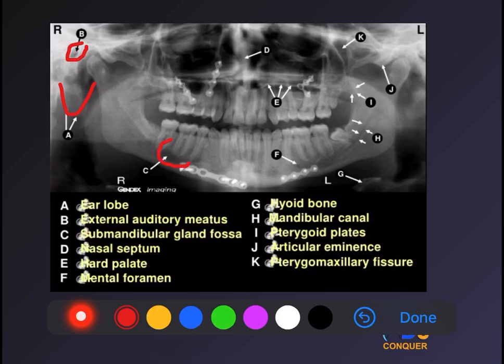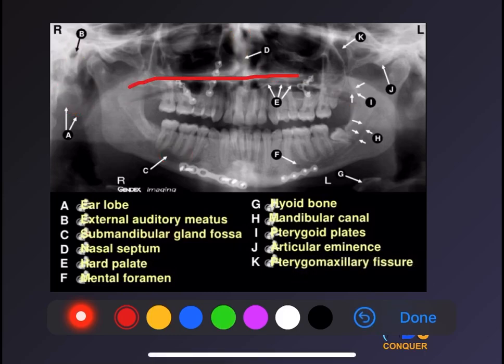And again a radiolucent area seen near or below the lower molars is the submandibular gland fossa. And D is a radiopaque structure which is the nasal septum, which divides the two nasal cavities. So that is the nasal septum. Okay, E is the hard palate. So this radiopaque structure is the hard palate.